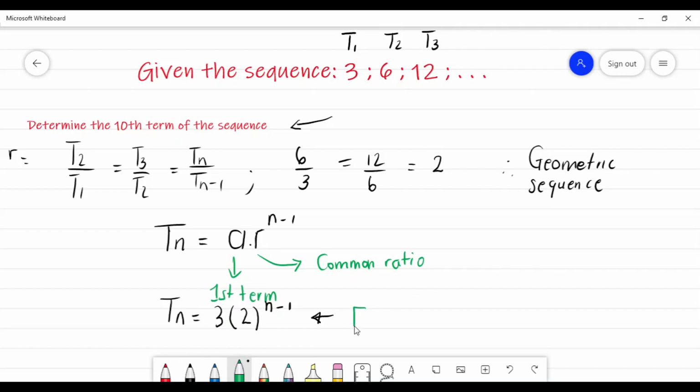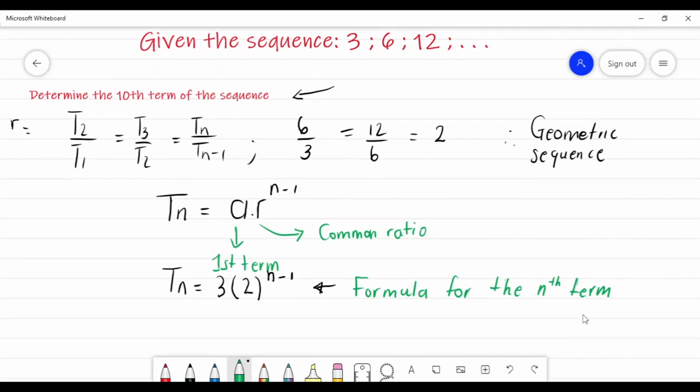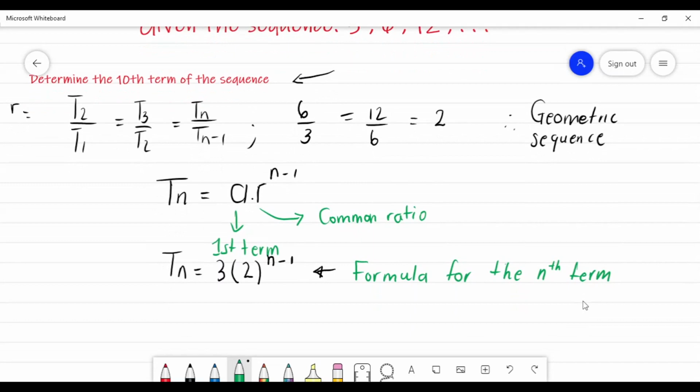Once we have the formula for the nth term, we can determine the 10th term of the sequence by just substituting 10 where you see n, because we are trying to determine the 10th term.